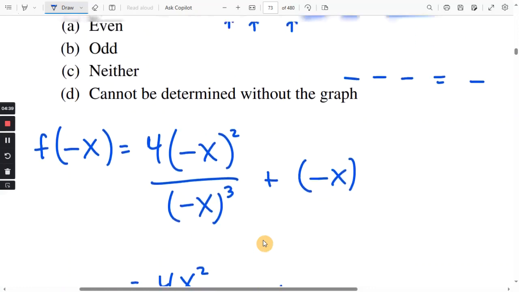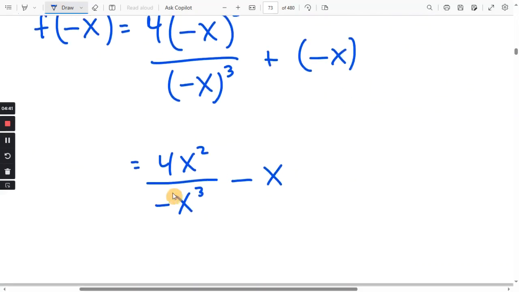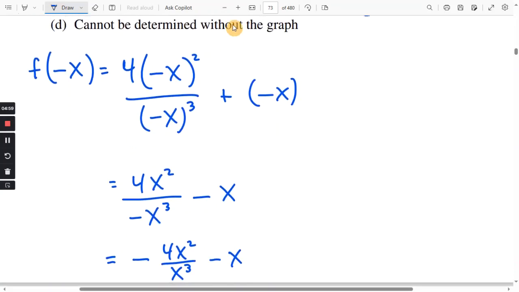All right, so let's see. This negative can just be moved to the numerator or out front. Same thing. So it's negative 4x squared over x to the third minus x. Let's compare that to the original.